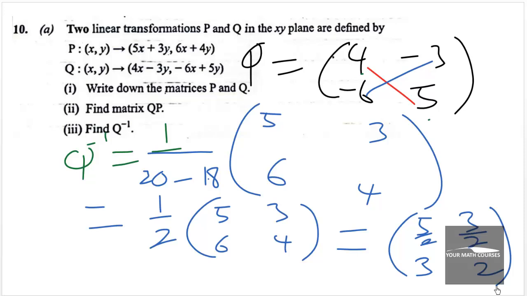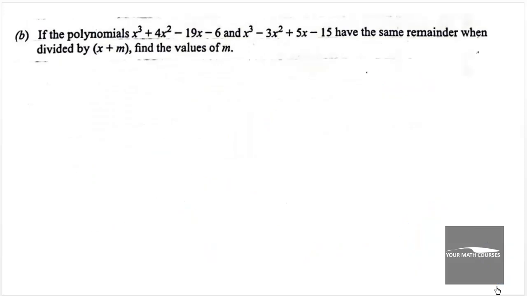Now let's proceed to the B part of the question. If the polynomials x cubed plus 4x squared minus 19x minus 6 and x cubed minus 3x squared plus 5x minus 15 have the same remainder when divided by x plus m, find the values of m.